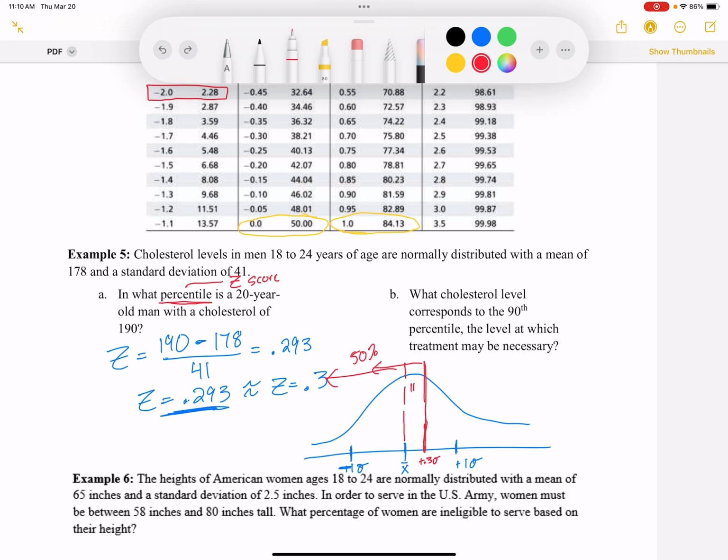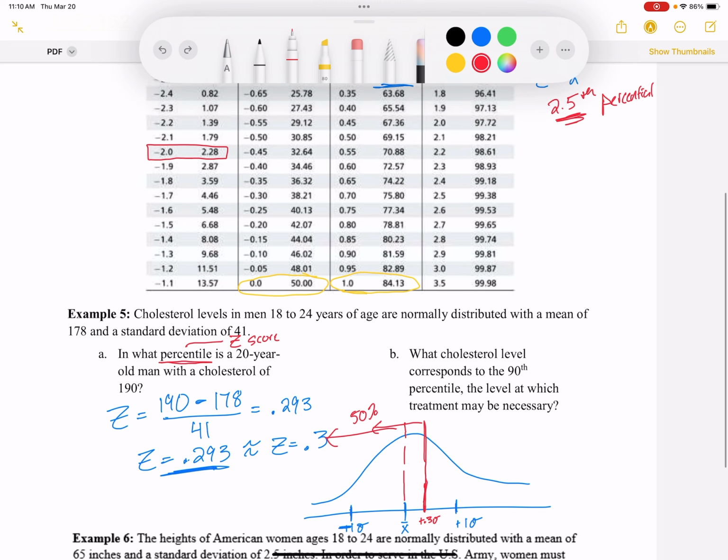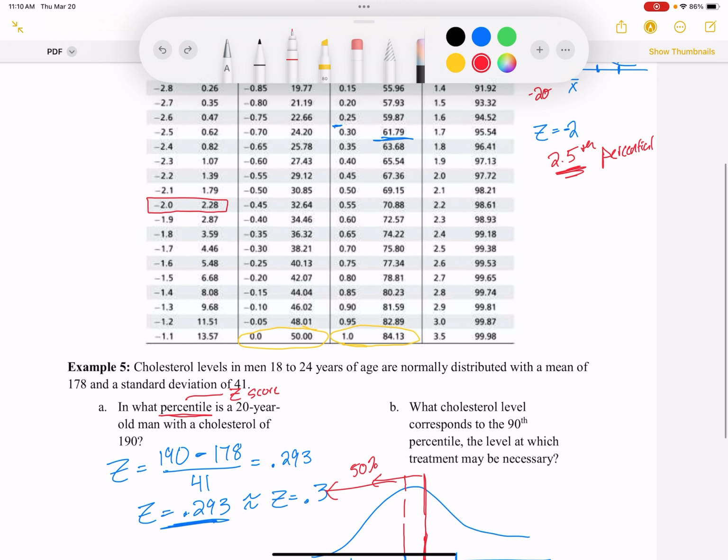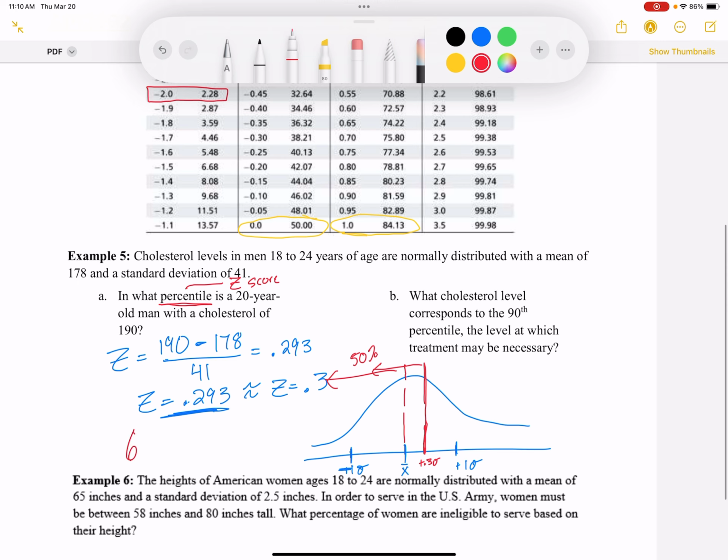So do you have to have all the little pictures? Nah, but it gives you a good idea. So we're in the 61.79th percentile.